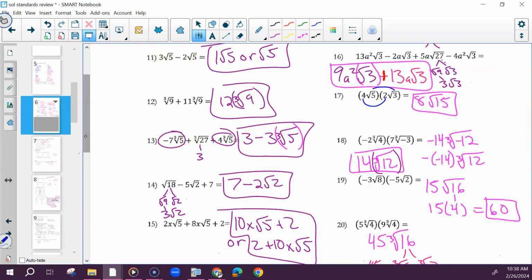Can you repeat 11? The square root of 5. Oh, that's it. And then I'll scroll down for 20.